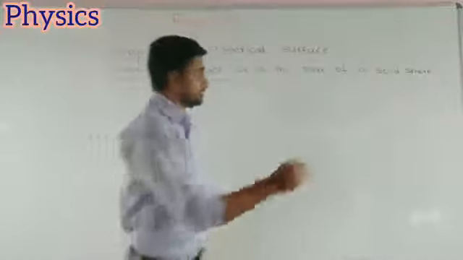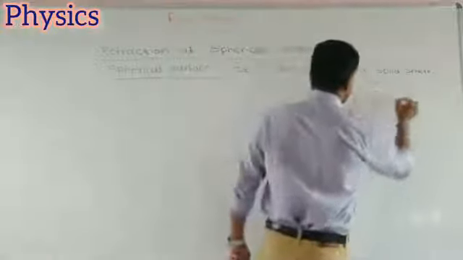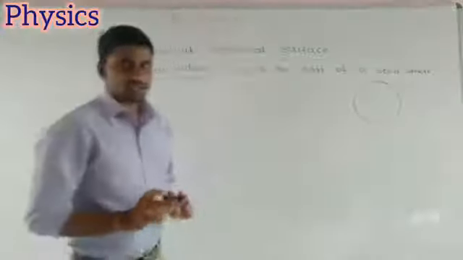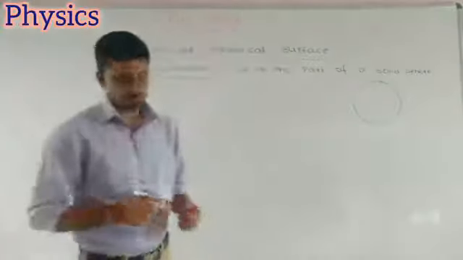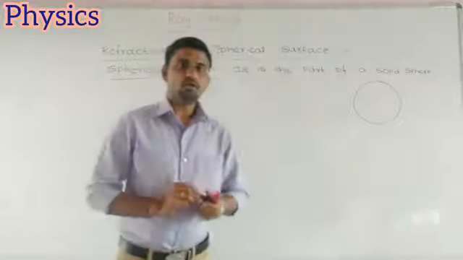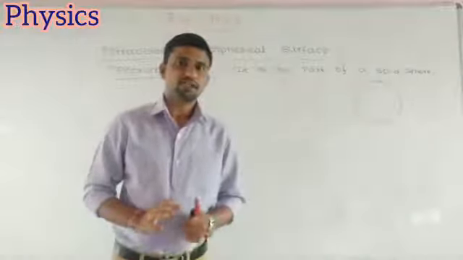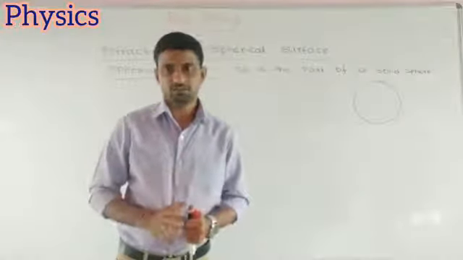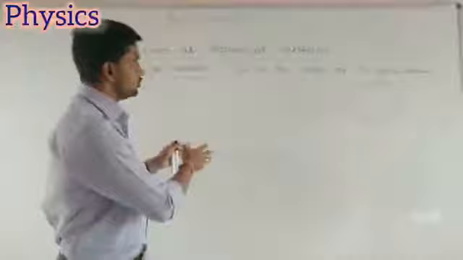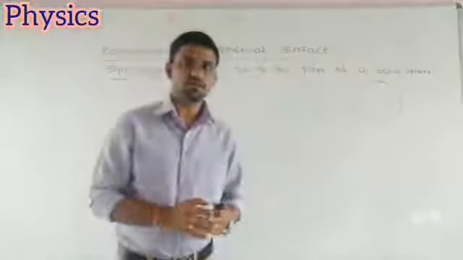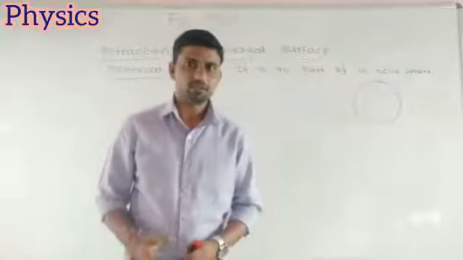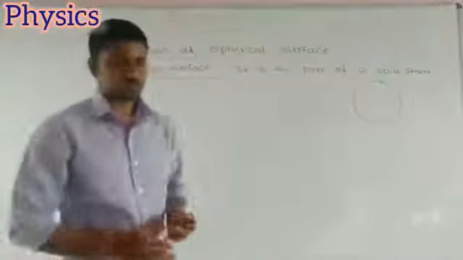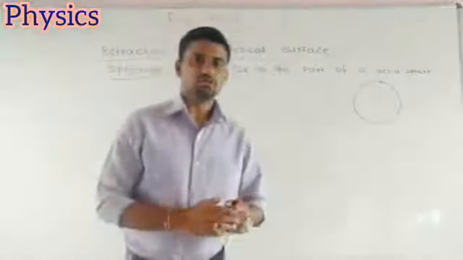If you consider a solid sphere, then the spherical surface is a part of this solid sphere. In the case of a plane surface, you have studied the laws of refraction, and in the case of a spherical surface also, the laws of refraction hold good.